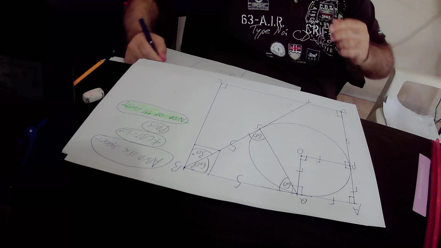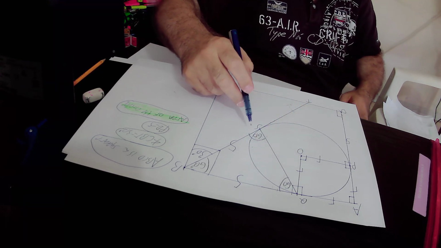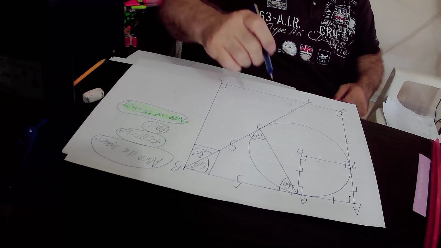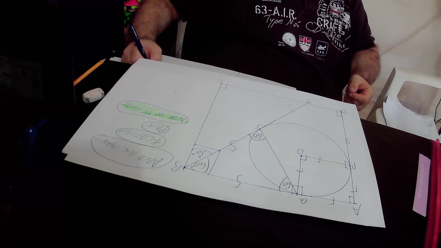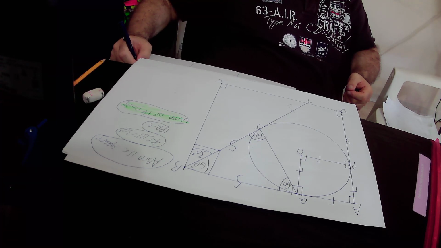So we actually found out that inside triangle QBS, all angles are equal to 60 degrees. Therefore, triangle QBS is an equilateral triangle.